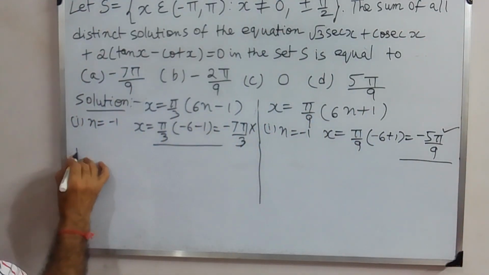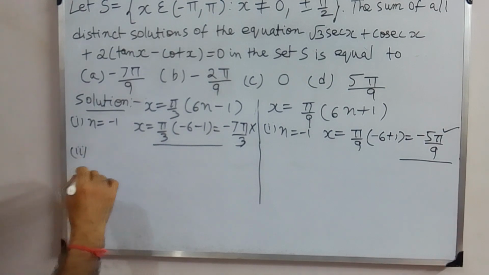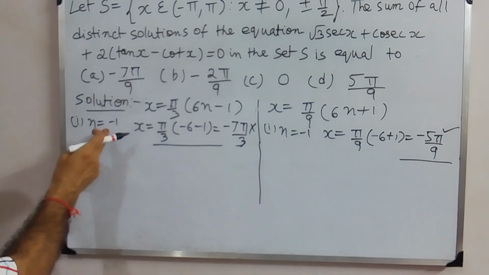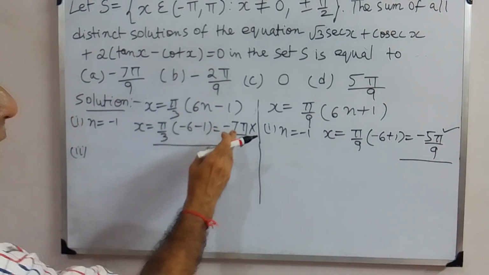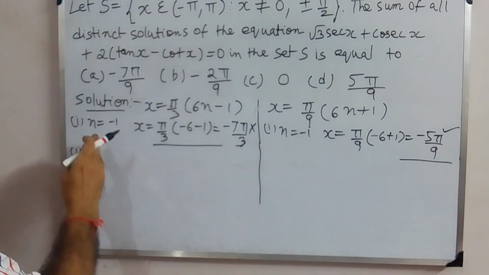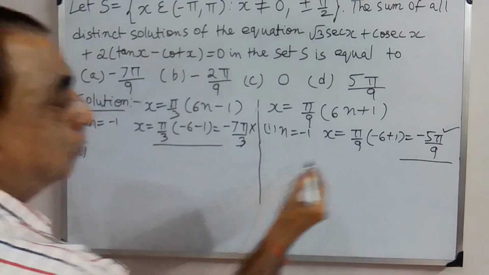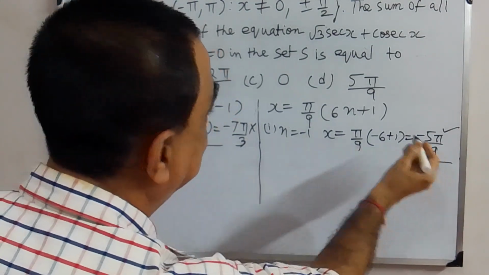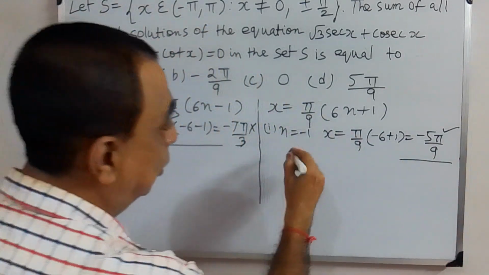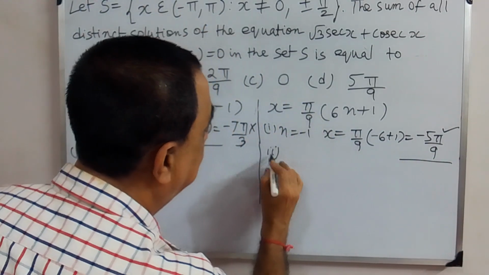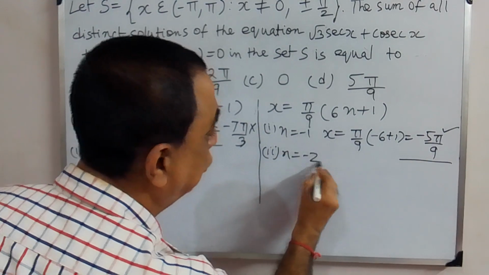Now here, for n equal to minus 1 I have got a value of x which is lying in the range, so let us check for n equal to minus 2.